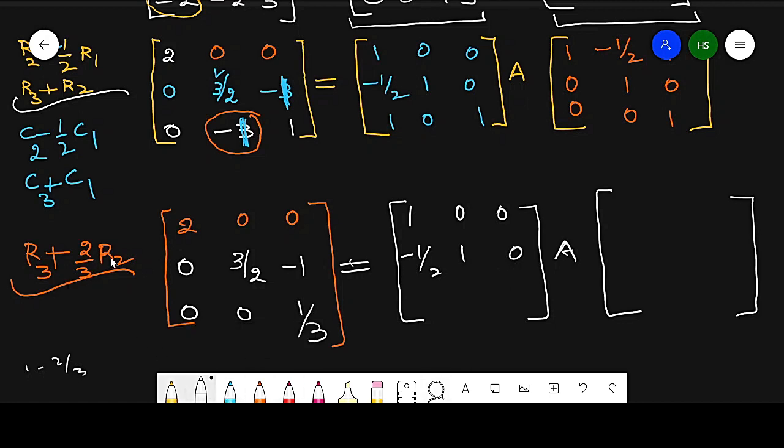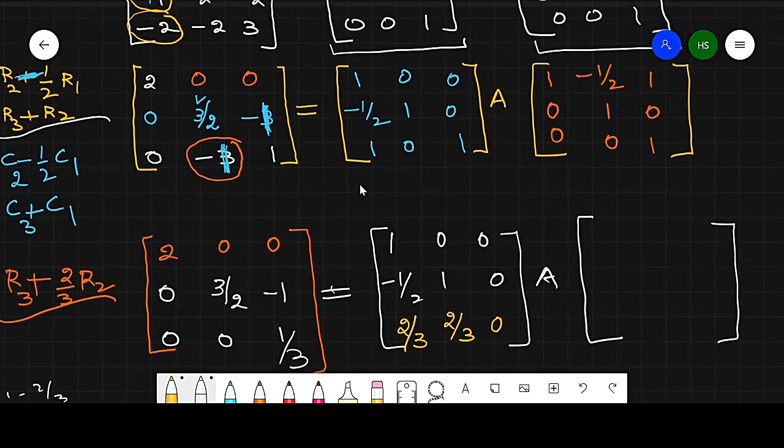Third and second row: if we multiply by, here it is 1, so this is 2 by 3. So minus 1 by 3, 1 minus 1 by 3. So this will be 2 by 3. Again 0 plus 2 by 3. Again it is 1 plus 2 by 3 into this. So it is 0. So here we get these values.